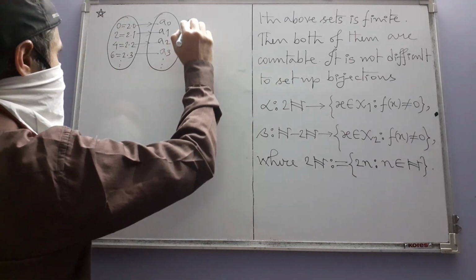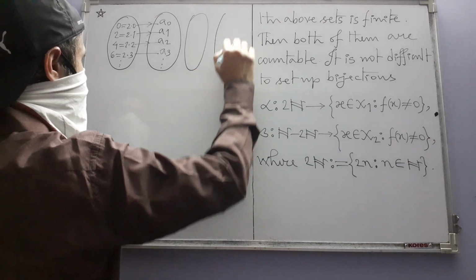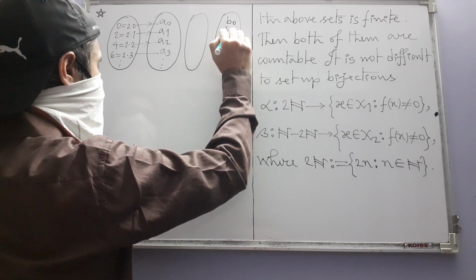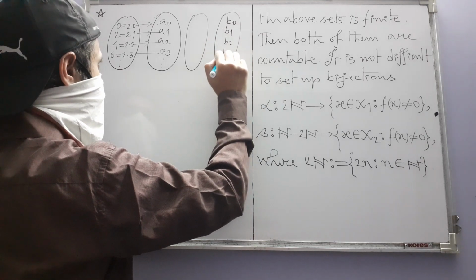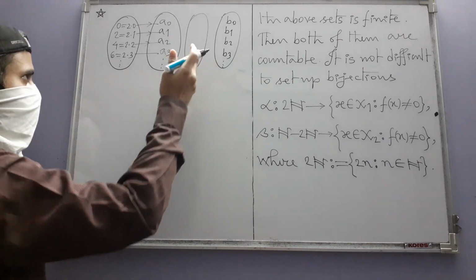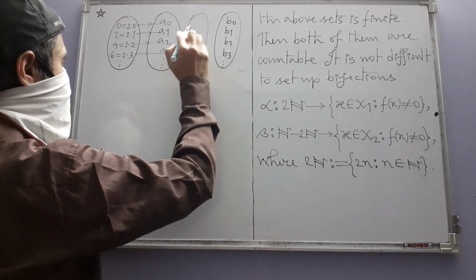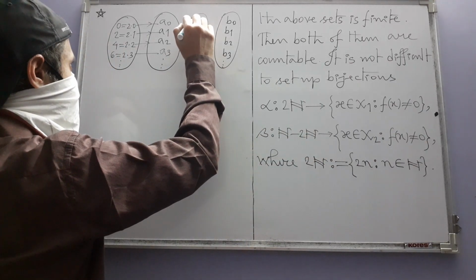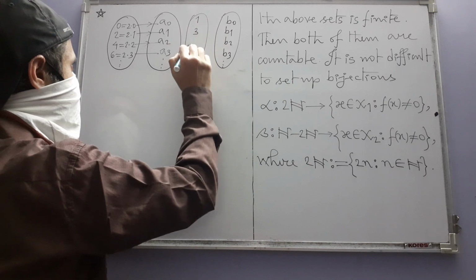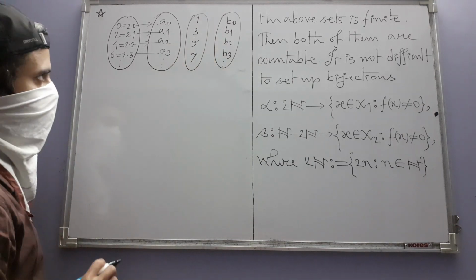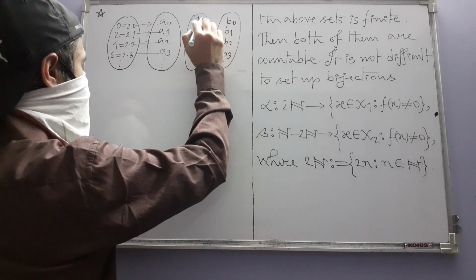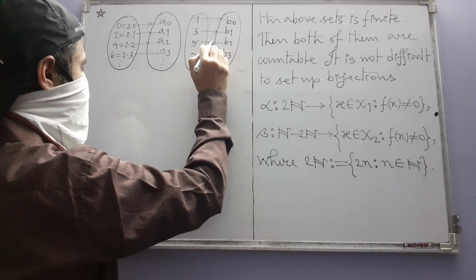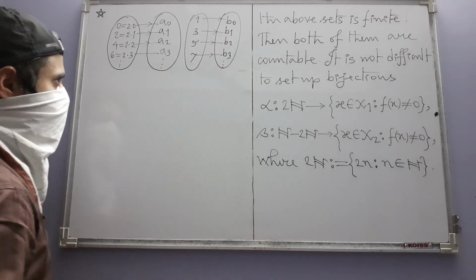Similarly, this is also countable, so its elements also can be arranged in a sequence, and the odd natural numbers here are of course 1, 3, 5, 7, etc. So you can map 1 onto B0, 3 onto B1, 5 onto B2, 7 onto B3.